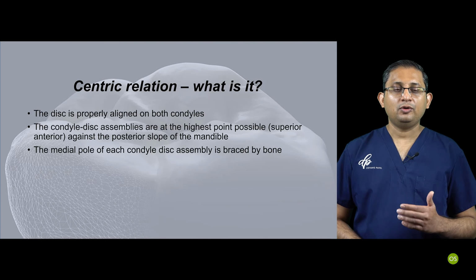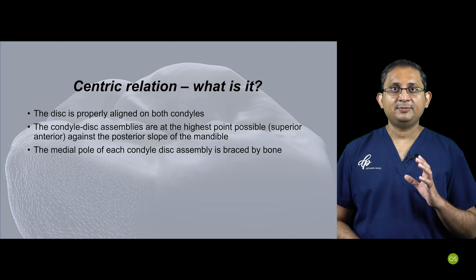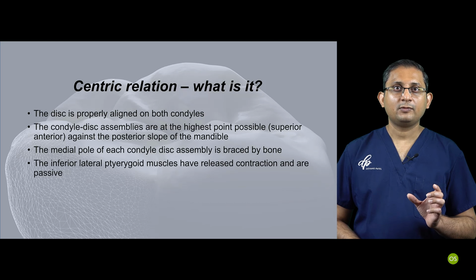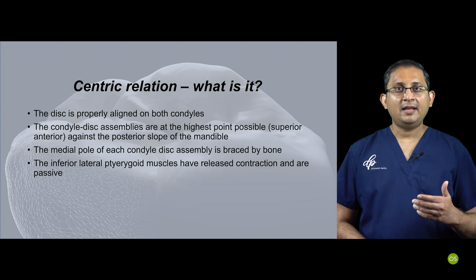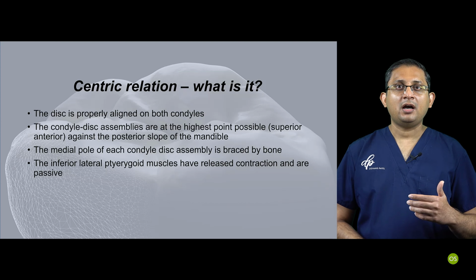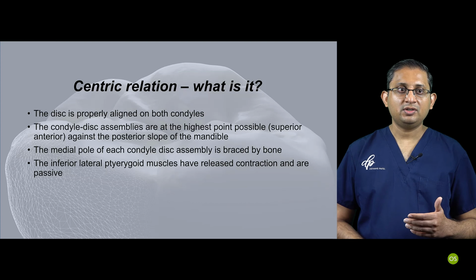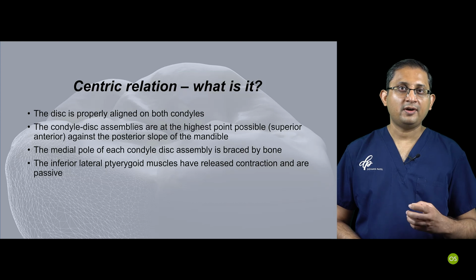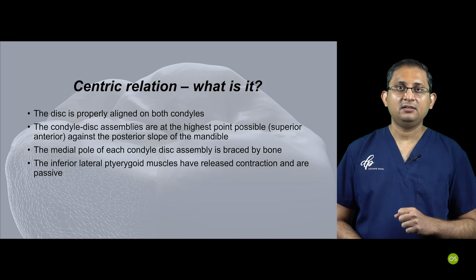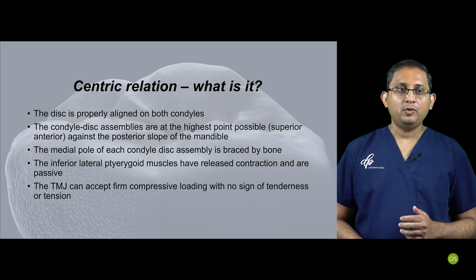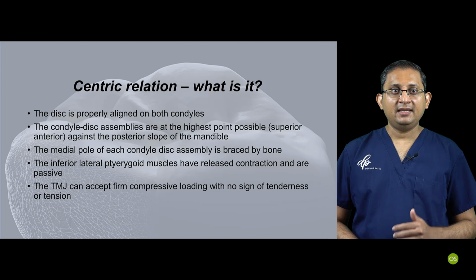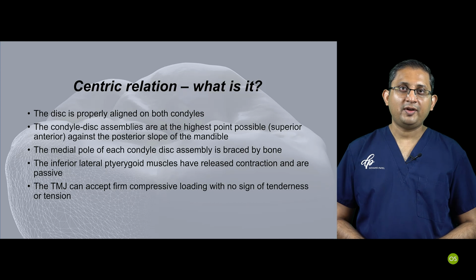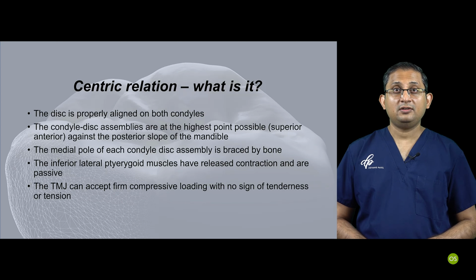The medial pole of each condyle disc assembly is braced by bone. The inferior lateral pterygoid muscles are in a relaxed position and are passive, so they are not firing up and not contracting. And more importantly, the TMJ can accept firm compressive loading with no sign of tenderness.